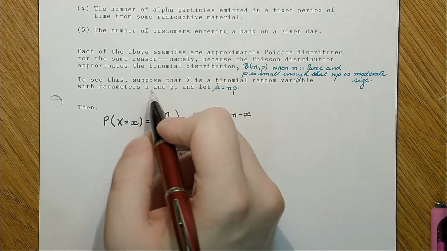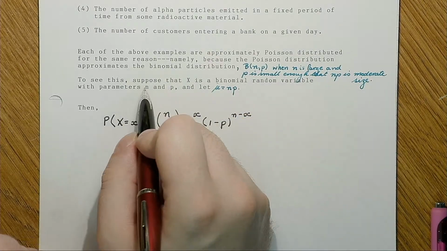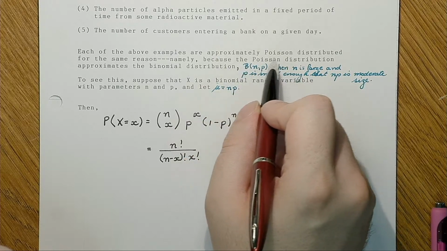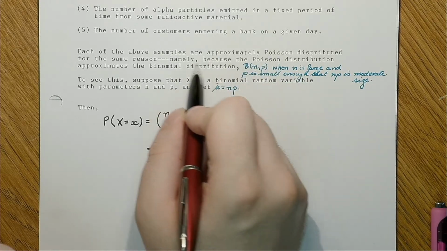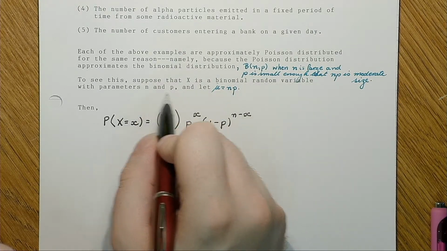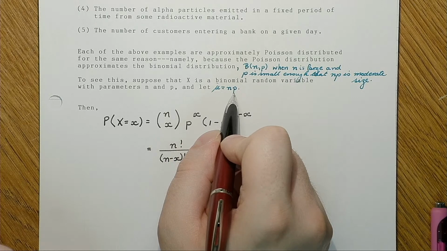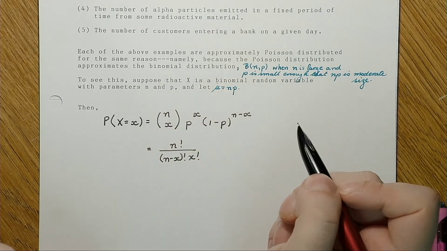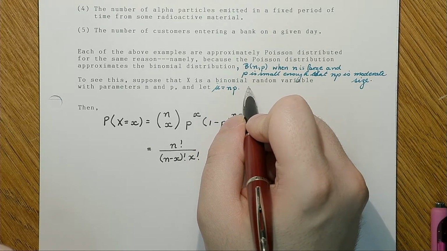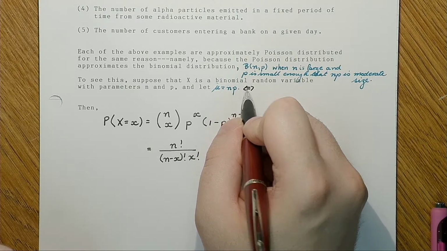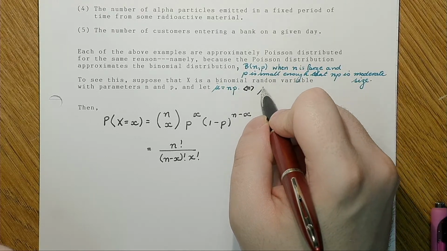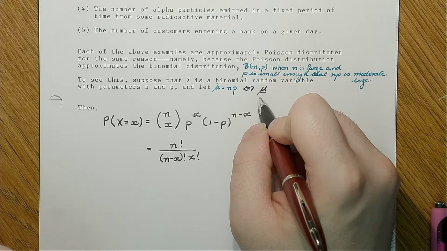Now, to see that we're using the Poisson to approximate the binomial, what we're going to do is let mu equal np. So what that means is, we can just rearrange that, p is equal to mu over n.